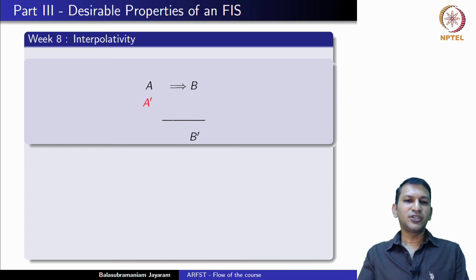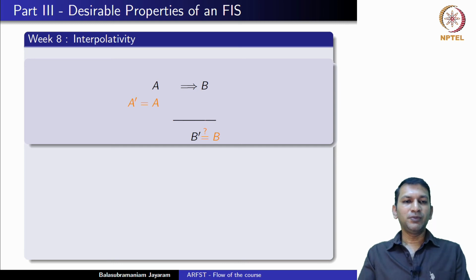We know that in generalized modus ponens, A dash need not be equal to the antecedent A, and we still intend to obtain a reasonable conclusion in the form of B dash. But the question now is, what if A dash is actually A? Would we get B dash to be B? If we do, then we say this fuzzy inference system possesses interpolativity.